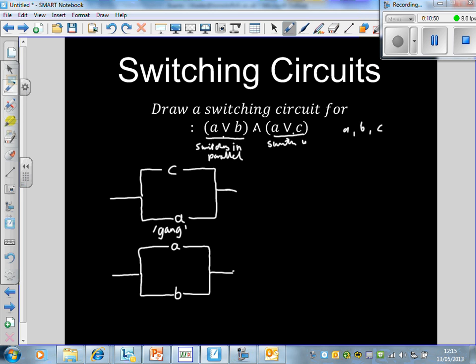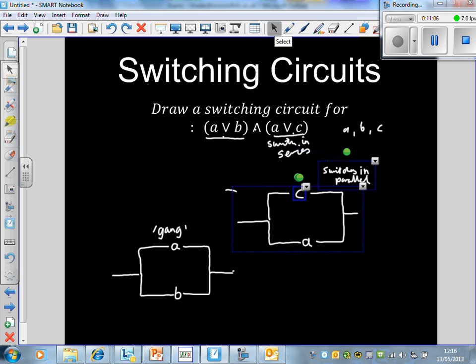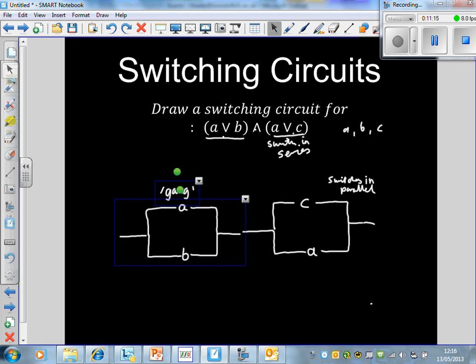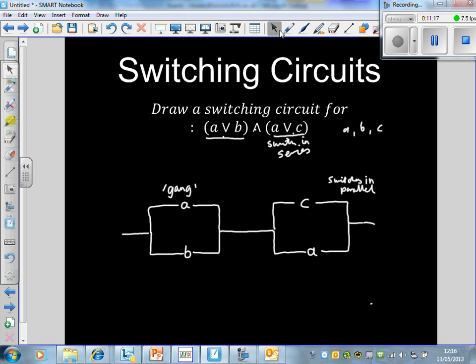Because they're AND, these switches have to be in series. So although I've drawn the two expressions here for OR, what I need to be doing now is putting them in series. Let's get the circuit here. There it is.